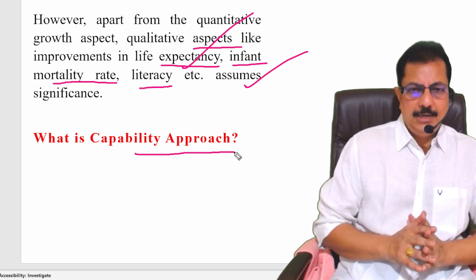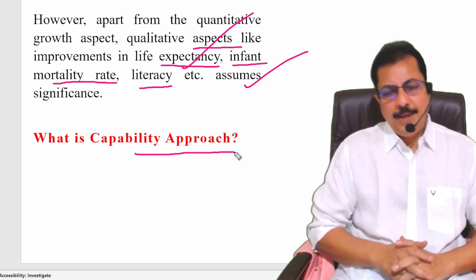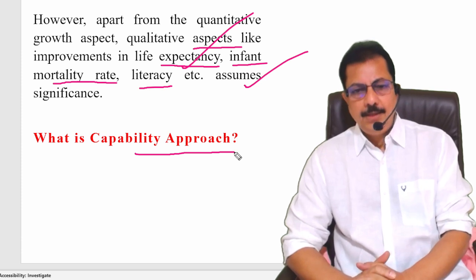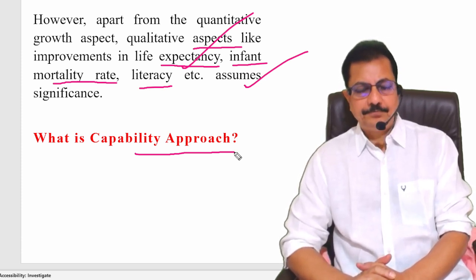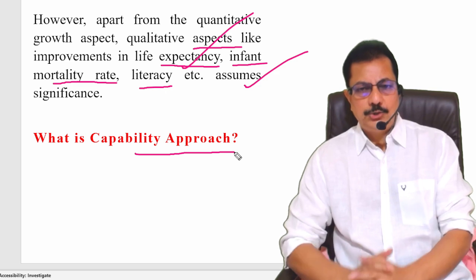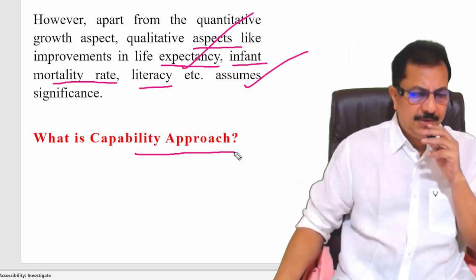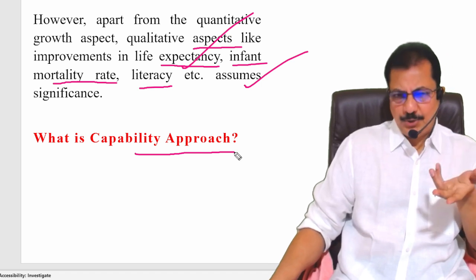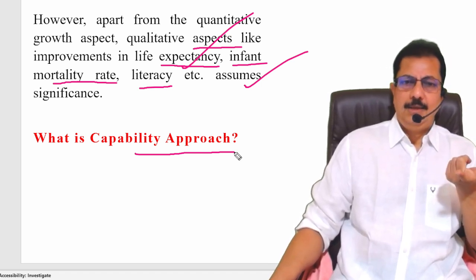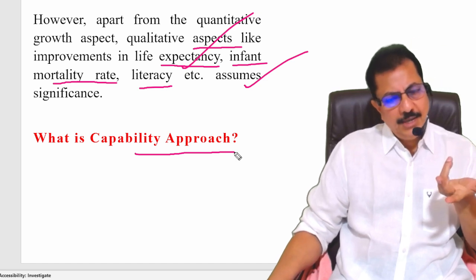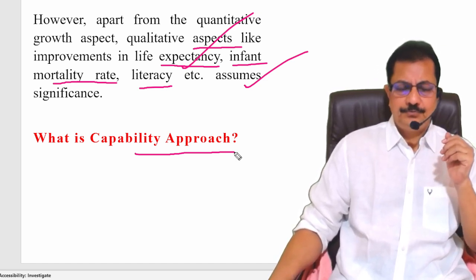I'll give you an example. Today I have a bike, scooty, bike or something I have. That is meant for the purpose of transportation, obviously. Clear? And large number of people in the rural areas, even today also they use cycle, of course in the urban areas also.